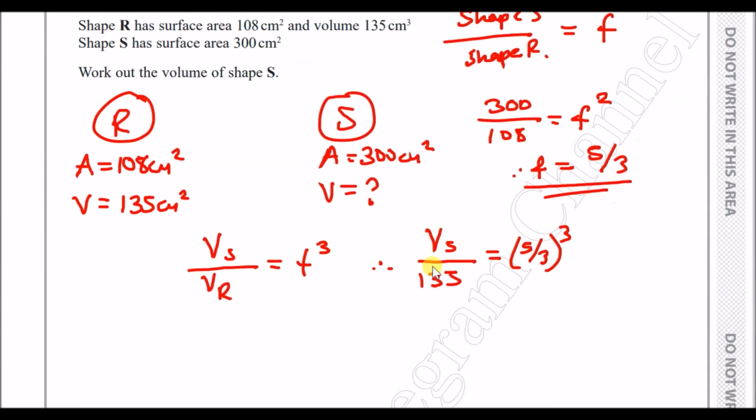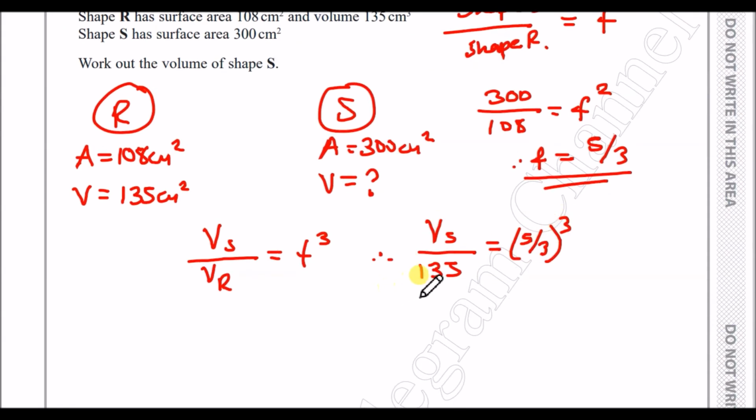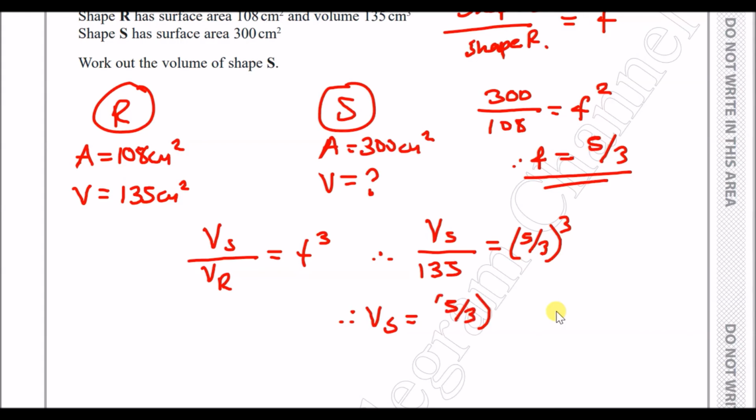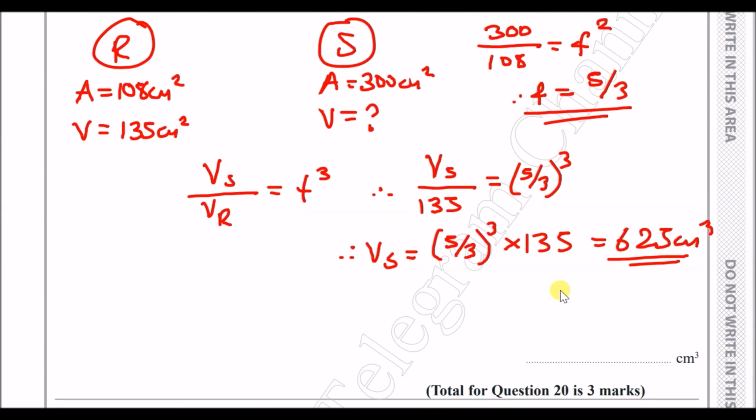So all you want to do now is just times the right side by 135 to get the volume of S. So that means the final answer is going to be this, guys. The volume of S would be 5 over 3 cubed times 135. And if you do that, you're going to get a volume of 625 centimeters cubed. And that's it, guys. 625.